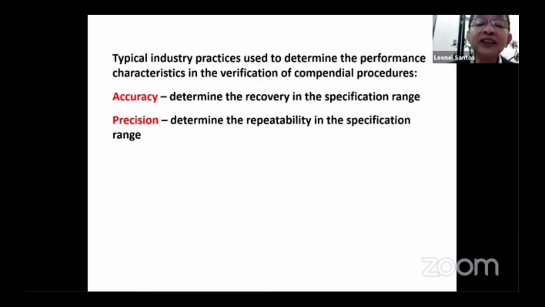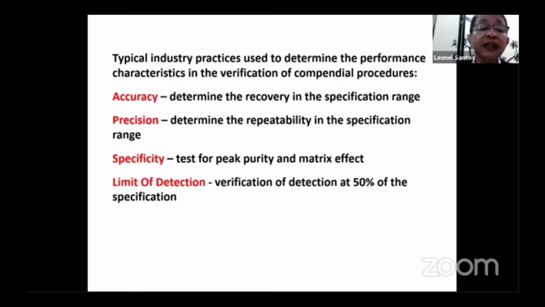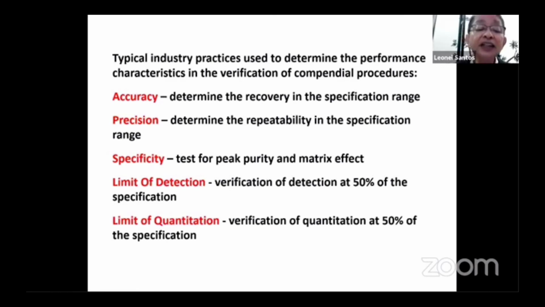Precision would be to determine the repeatability only in the specification range. Specificity is a test for peak purity and matrix effect. Limit of detection is verification of detection at 50% of the specification. And finally, limit of quantitation would be the verification of quantitation at 50% of the specification.